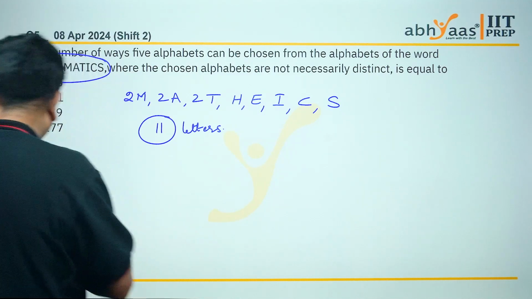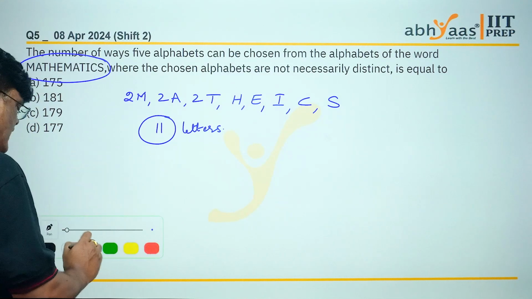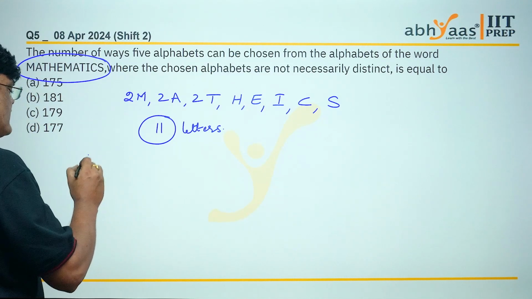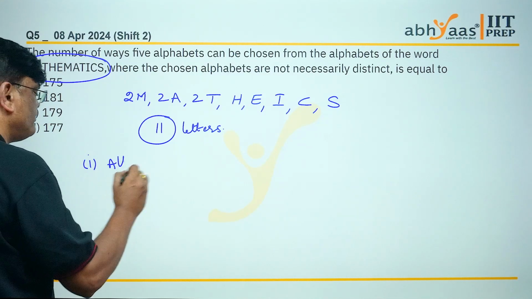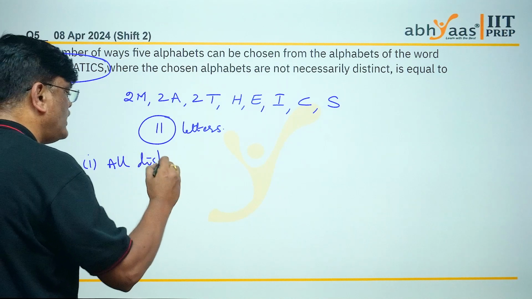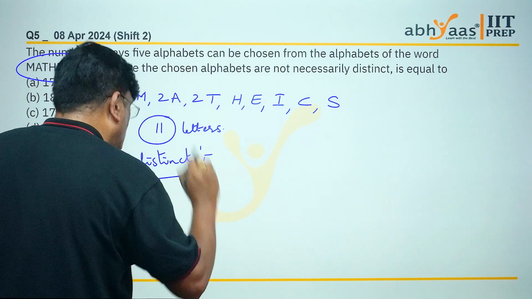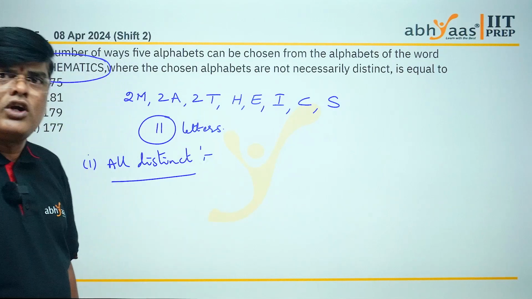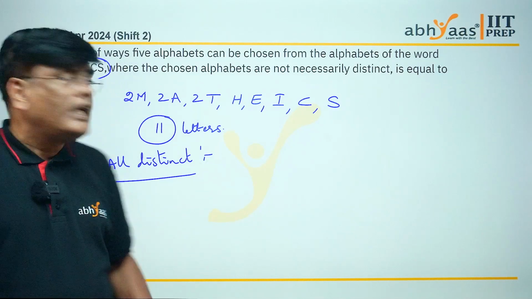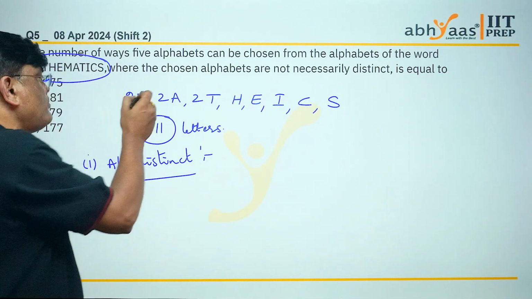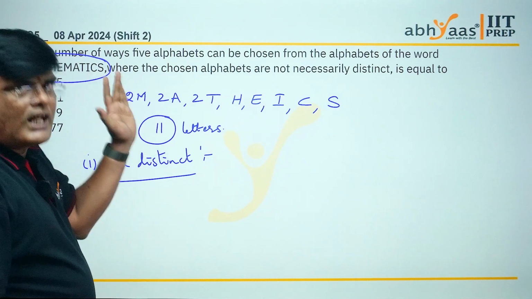First I will take all distinct letters. The first case is all distinct. Now we'll see how many selections there are when I select only distinct letters. Distinct letters means we assume it has only one m, one letter.